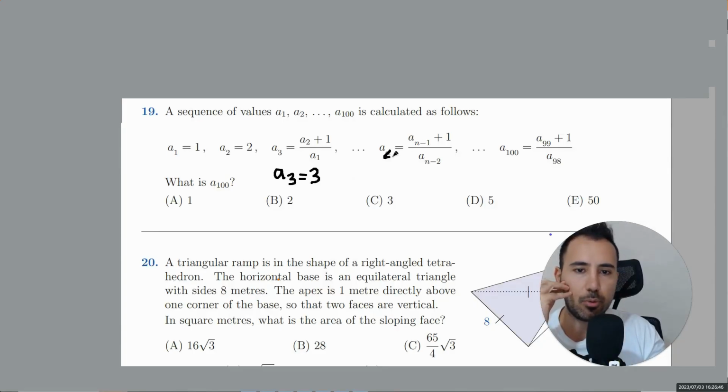Now A4 will be A3 over A2. We want to find A4. A3 is 3. A2 is 2. So 3 plus 1 over 2. A4 will be 2. So A4 is 2.